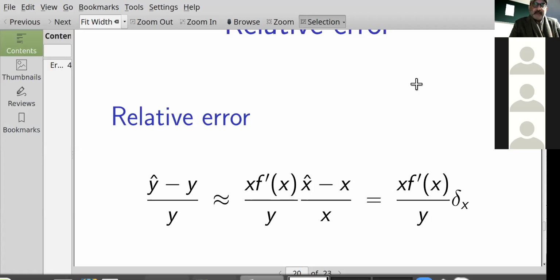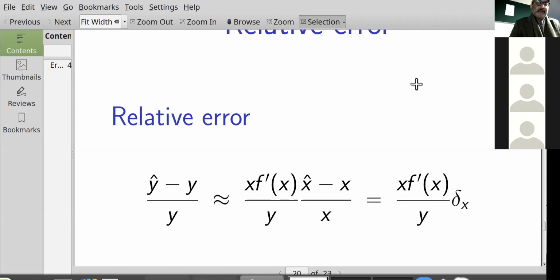Now when I feed it into f, and let's say that f is differentiable at x, and f isn't introducing numerical errors of its own, it's calculating everything exactly, then the relative error on the output looks like x times f prime of x over the desired value, y or f of x, times delta x.